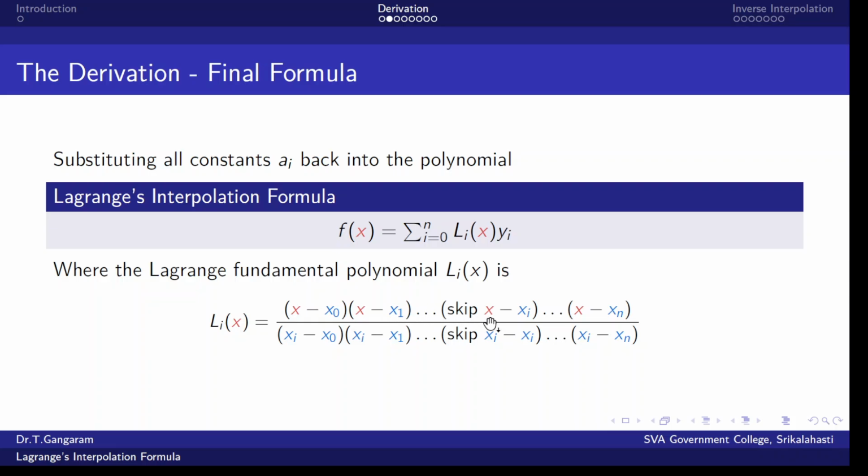We need to skip x minus xi here. If i is 0, we skip x minus x0; if i is 1, we skip x minus x1. Like that, divided by (xi minus x0)(xi minus x1) and so on, where we also skip xi minus xi, up to xi minus xn.